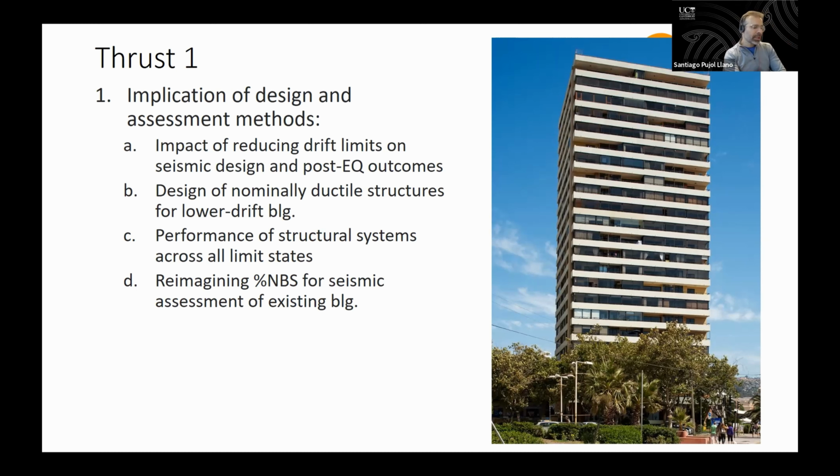We might need to think about that. To reduce the drift limit doesn't necessarily mean we need to relax the detailing, because the detailing is the suspenders that go along with the belt to make sure things work, even when we have to face the unexpected, like it happened here in Christchurch when the earthquake was much bigger than was expected.